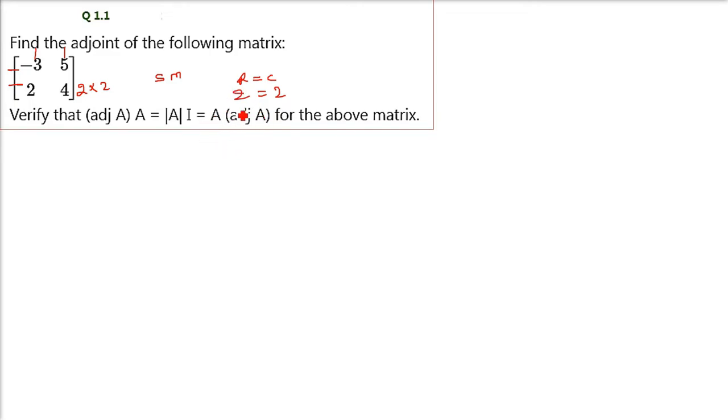When we are finding adjoint A, a 2 by 2 is very simple. We have -3, 5, 2 and 4. How to do this? It's just interchanging. We have to exchange 4 and -3, so put 4 here and -3 here, exchanging the diagonal elements.